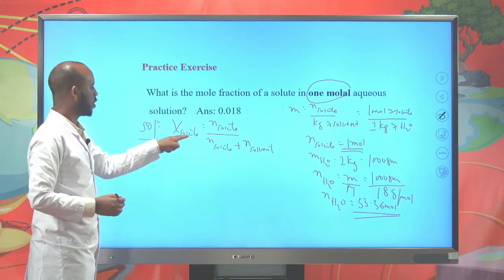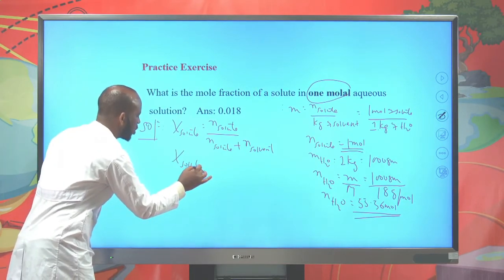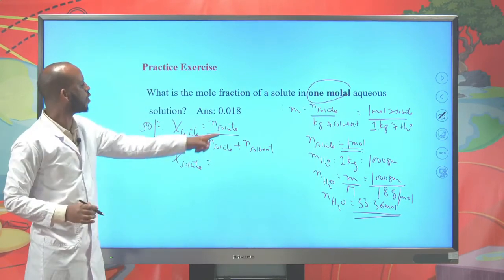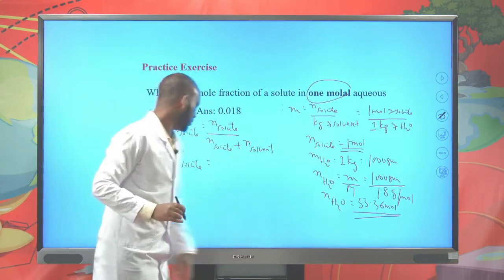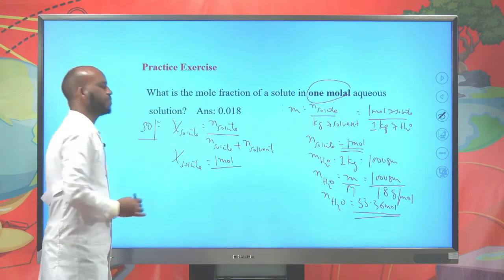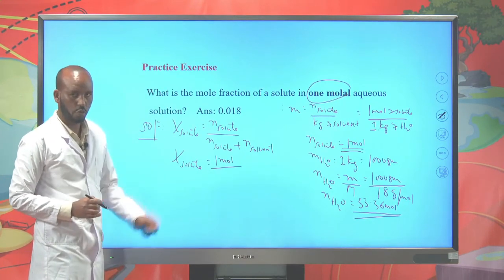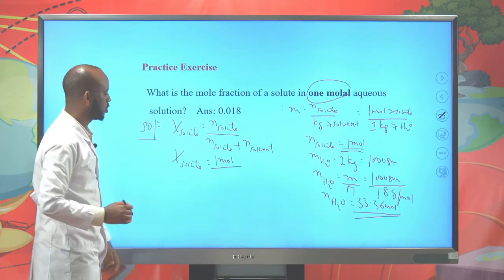Now, mole fraction of the solute equals number of moles of solute, which is 1 mole, divided by number of moles of solution, which is the sum of number of moles of solute and number of moles of solvent.